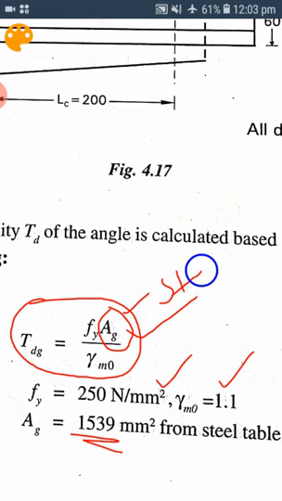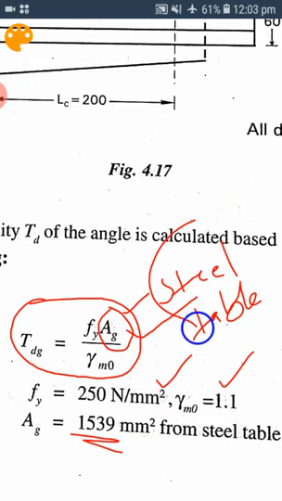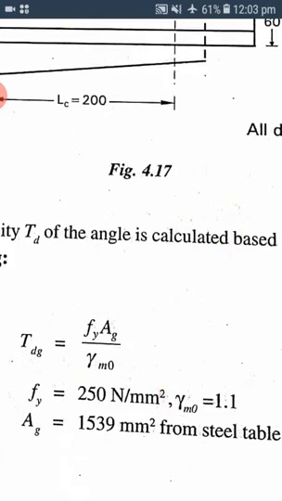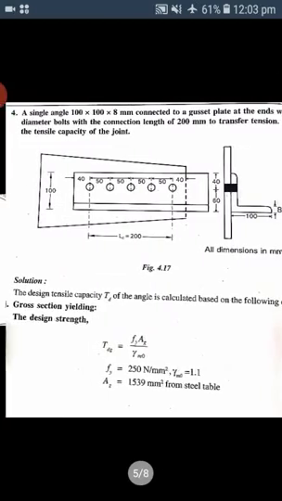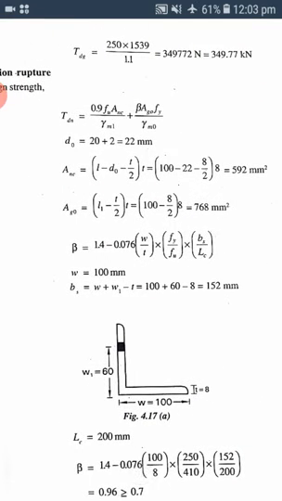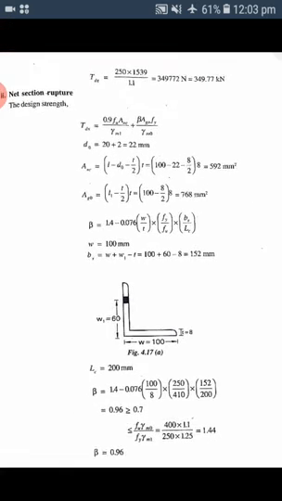Substituting in this formula, you will get the design tensile strength considering yielding as the criterion. This is 349.77 kilonewton.